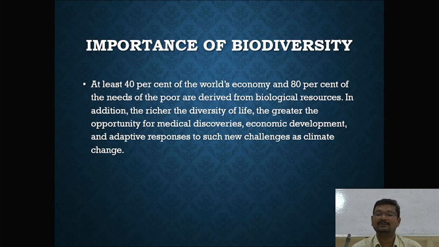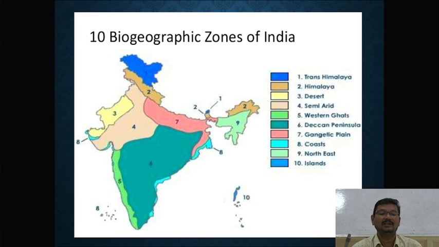Importance of biodiversity. At least 40% of the world's economy and 80% of the needs of the poor are derived from biological resources. In addition, the richer the diversity of life, the greater the opportunity for medical discoveries, economic development, and adaptive responses to new challenges such as climate change.